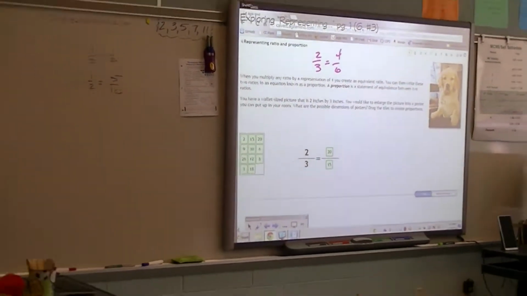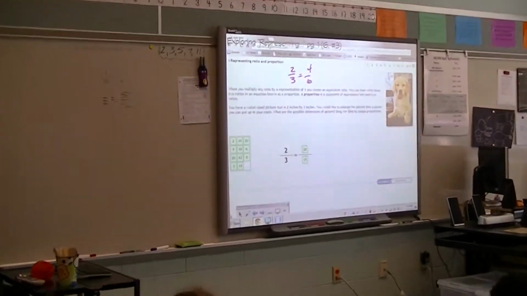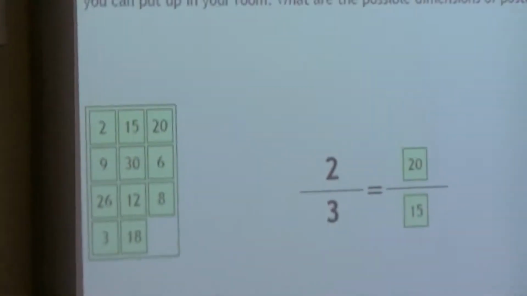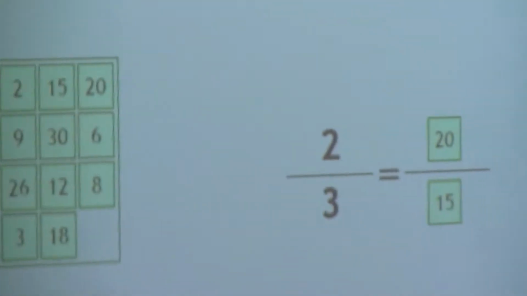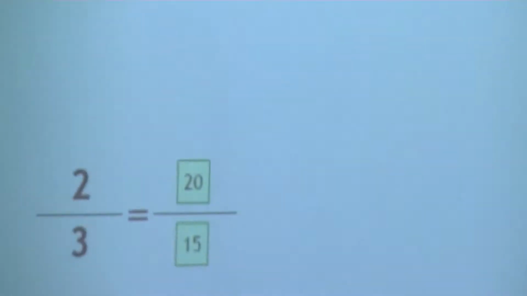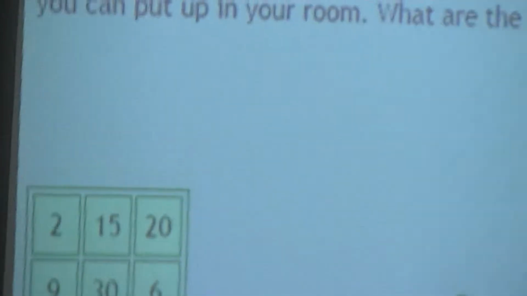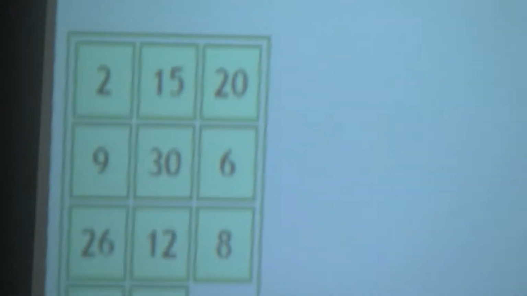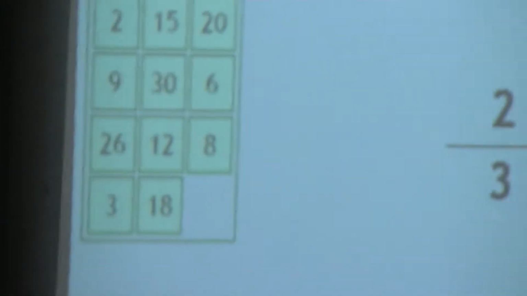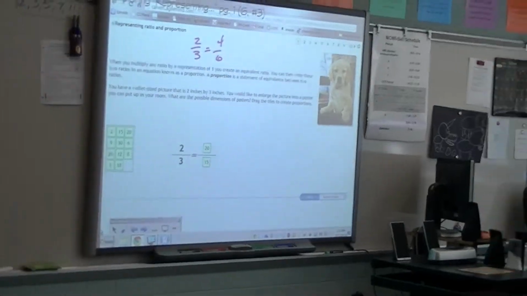Jordan? Okay, so Jordan, what I would like for you to do is give her, instead of giving her the answer, tell her the scale factor that you're using for your answer. Scale factor. 6. Okay. So if the scale factor is 6, Haley, what new ratio can you make?